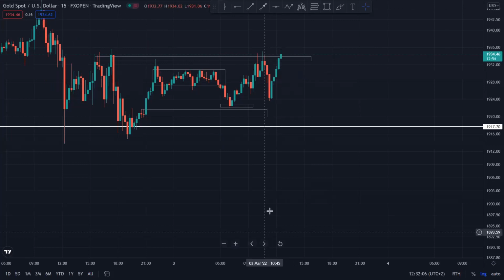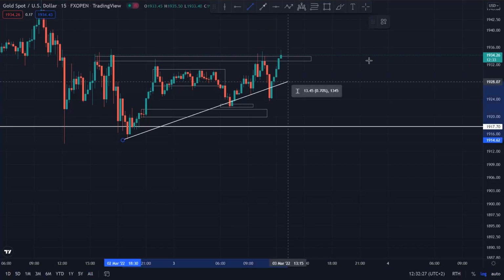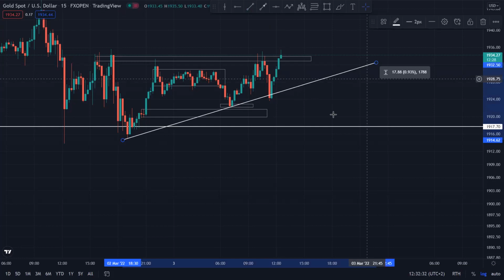And if you remember, if the market is making a rise on an uptrend, it will be creating lower high, higher high, lower high, higher high. So this is where trend lines make sense. If you want, you can even do this.